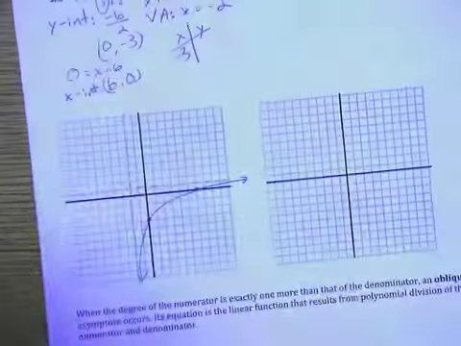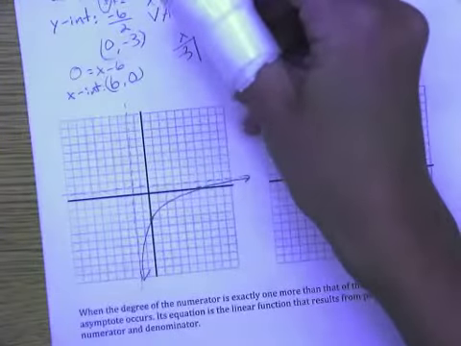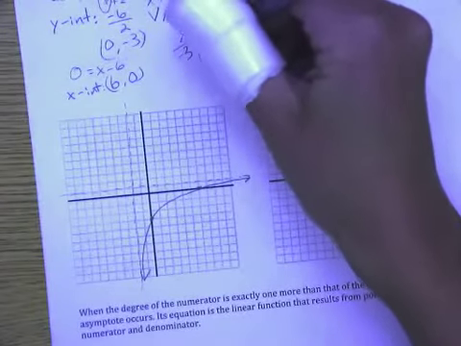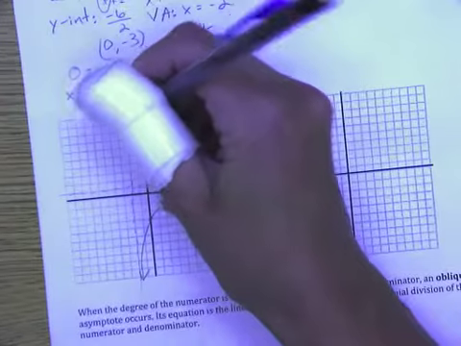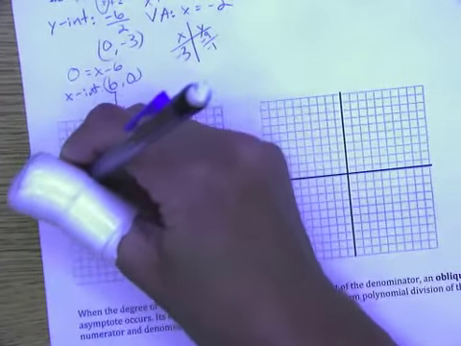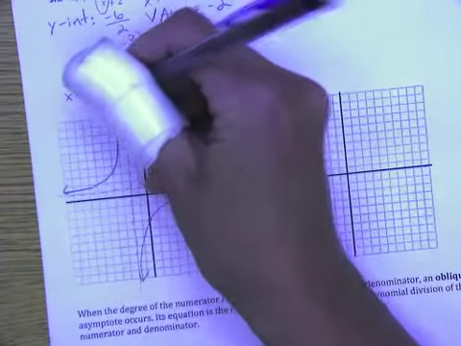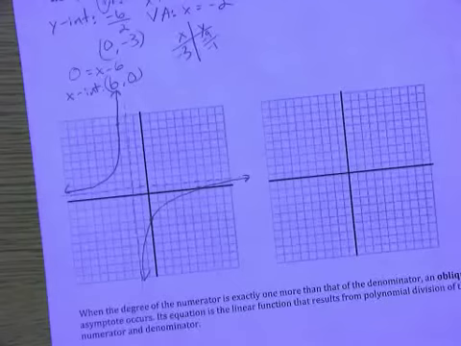And in order to figure out how you're going to hug the asymptotes on the left, let's plug in negative 3 for x. So when I plug in negative 3, that gives me negative 9 over negative 1, so that's positive 9 right here.